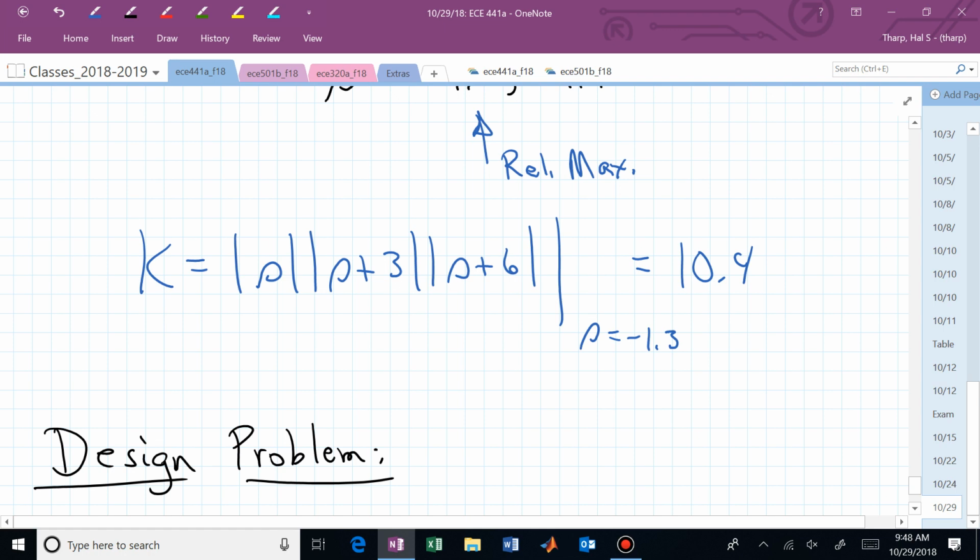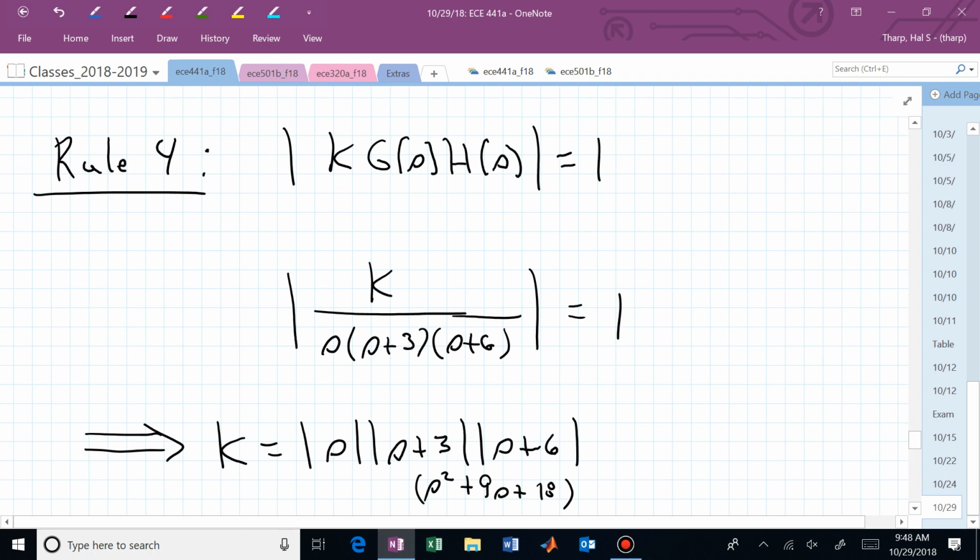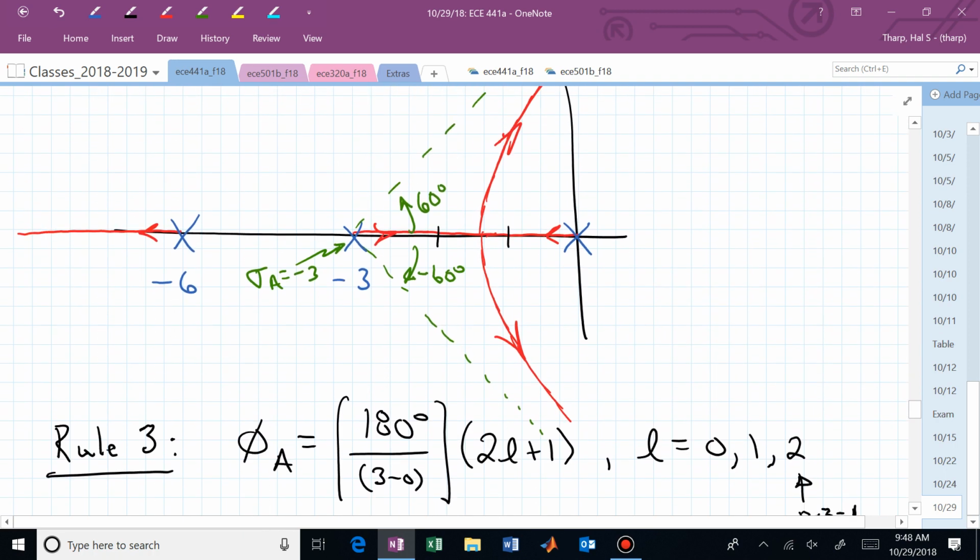Well, if I want a closed loop pole at -1, then I really want to figure out what my gain is going to be to give me a closed loop pole there, and then my other poles are going to be somewhere on those branches.